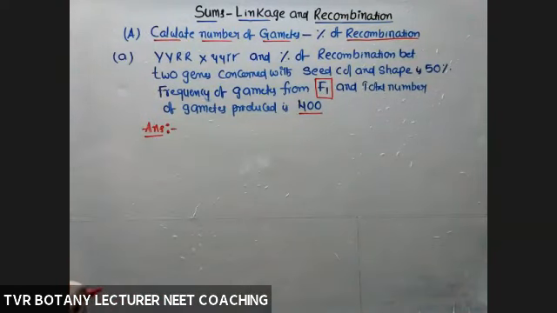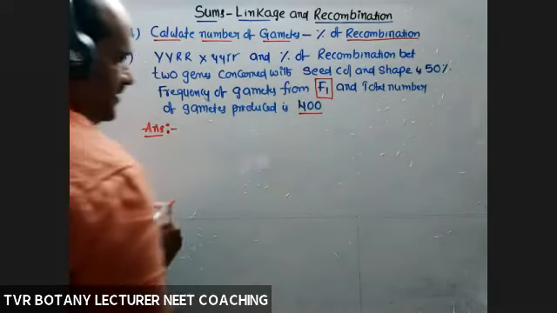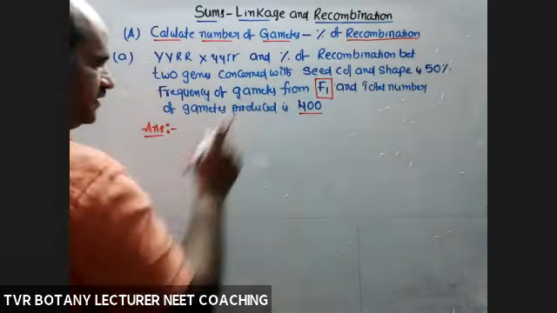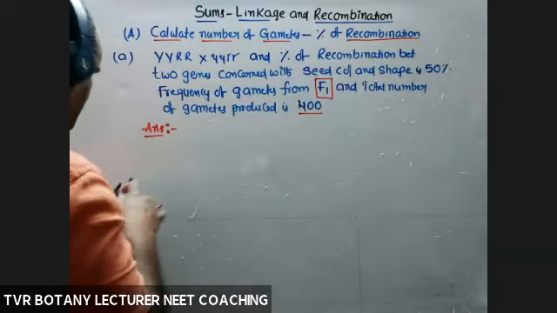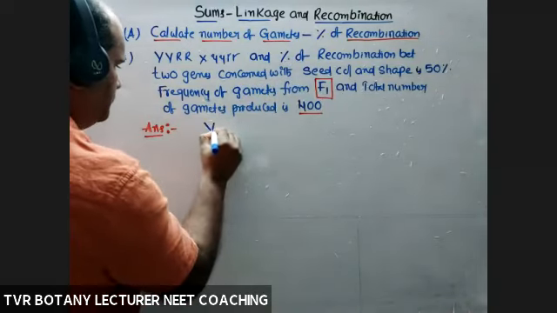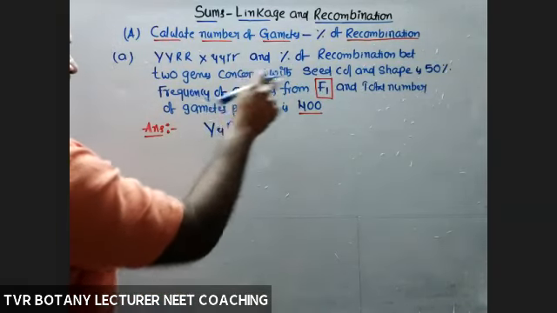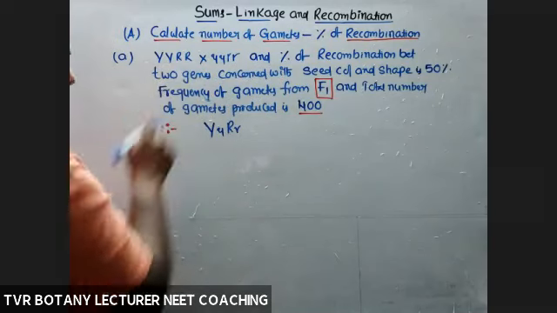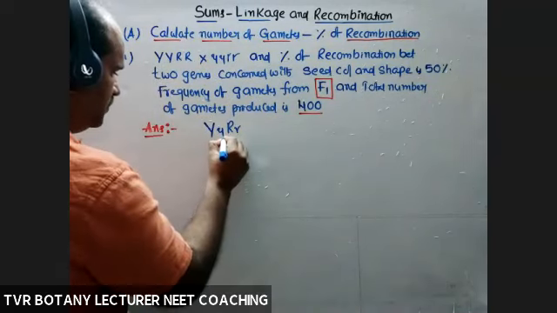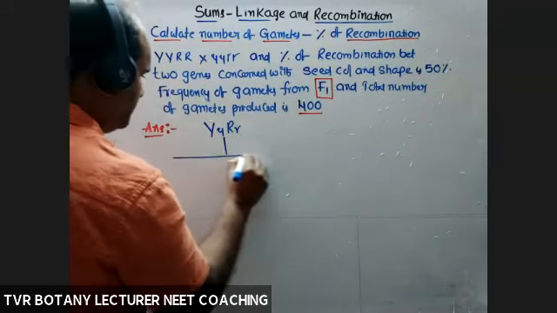Now, what about the individual gametes they're asking? So first, individual gametes. According to 50%, here capital Y, small y, capital R, small r, that is the F1 of a cross made between these two. So from this one, what are the types of gametes?